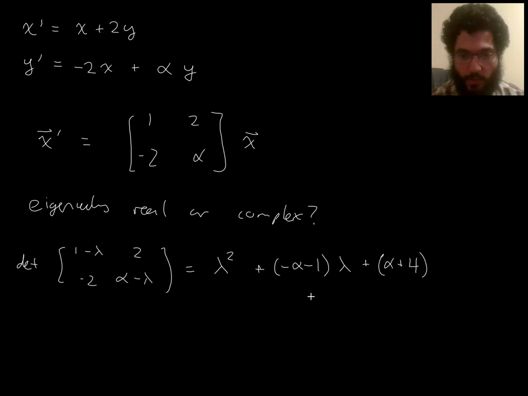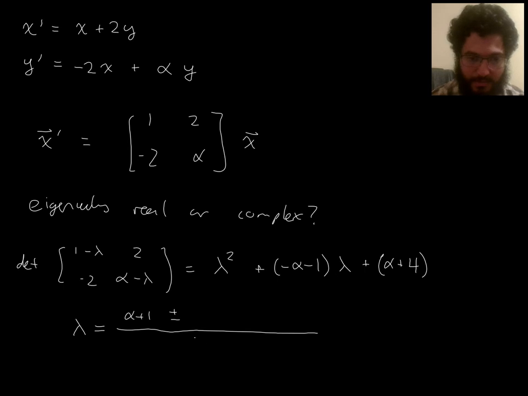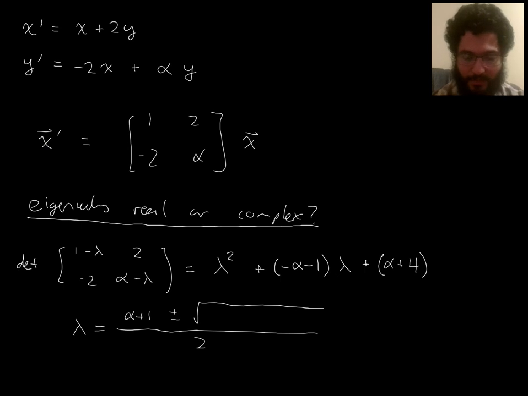So how can I know what those are? Well, factor the polynomial, or more realistically, use the quadratic formula. So lambda will be negative this thing, so alpha plus 1, plus or minus square root, and then actually what really matters to answer my main question here, are the eigenvalues real or complex, is just what's under the square root.